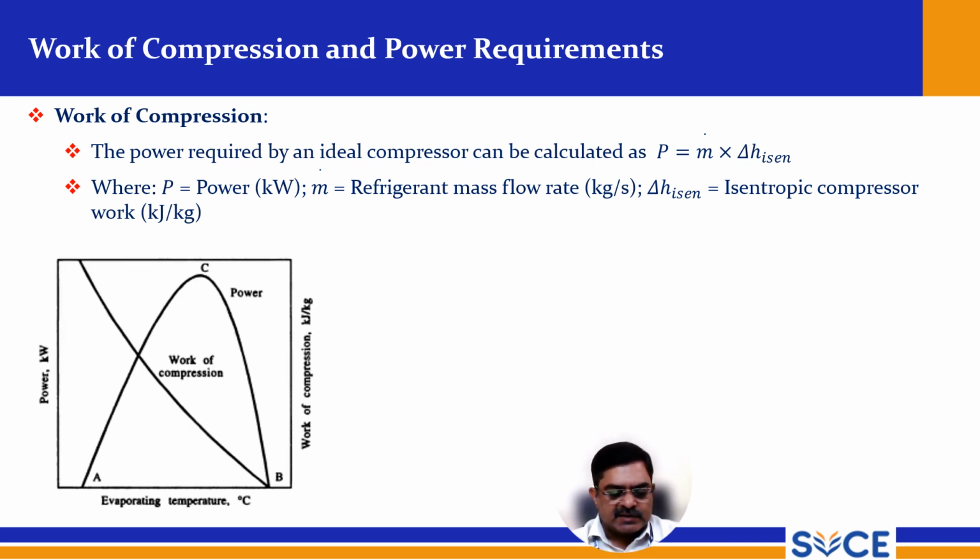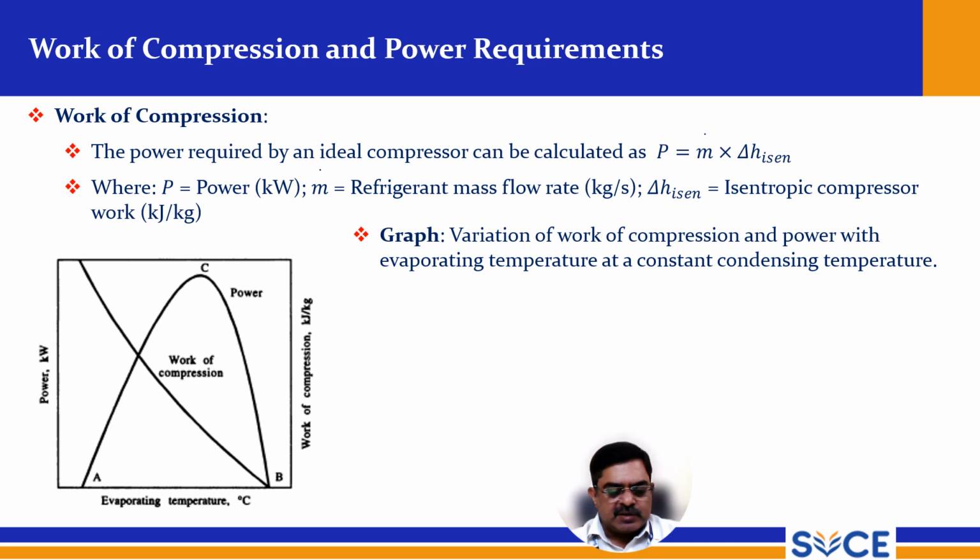Again, we have a three axis graph between power, evaporating temperature, and work of compression. Here this is the peak point C, and these are the three critical points A, B, as well as C. The graph shows the variation of work of compression and power with evaporating temperature at a constant condensing temperature.